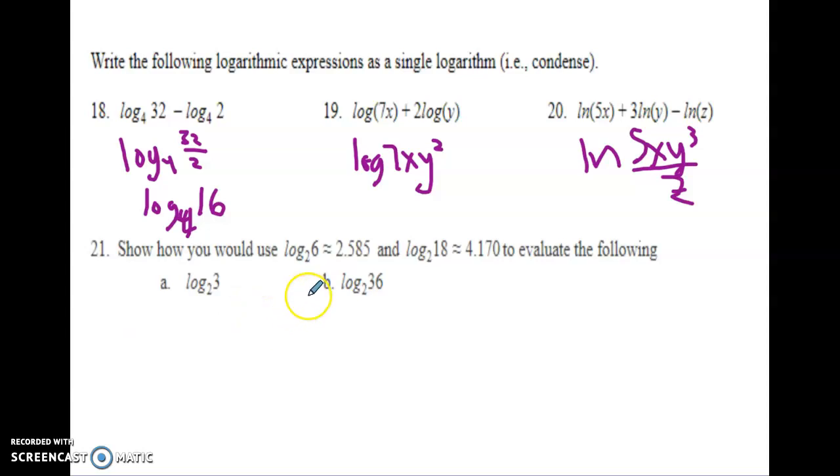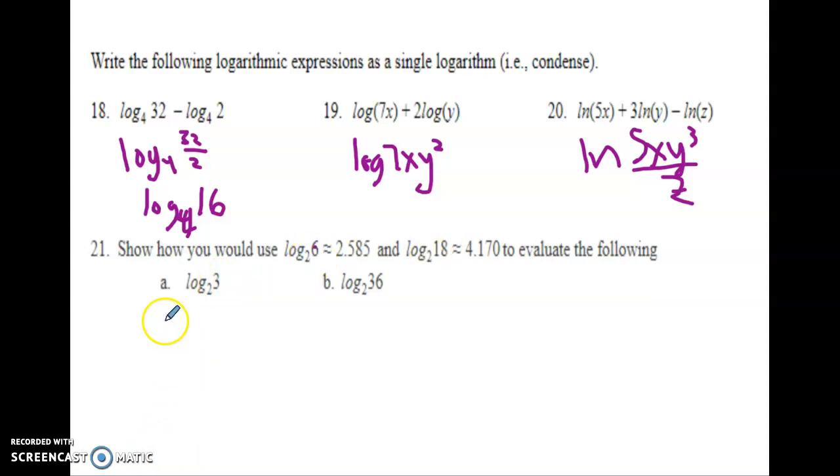Number 21, show how you would use log base 2 of 6 and log base 2 of 18. So we've got to get this in terms of 6 and 18 so that we can use those values. And so, just looking at 6 and 18, I think, well, how can I write a 3 using a 6 and an 18?